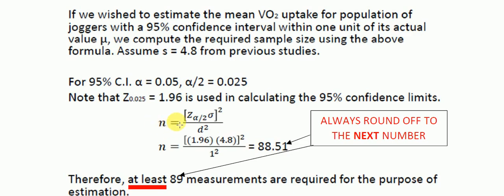So n is equal to z alpha by 2 into sigma whole square divided by d square. z alpha by 2 is calculated using a set of steps. It is a brief summary of those steps, but we'll cover it in detail. Just remember that z alpha by 2 for a confidence of 95% is 1.96.